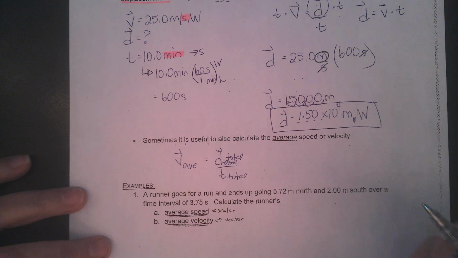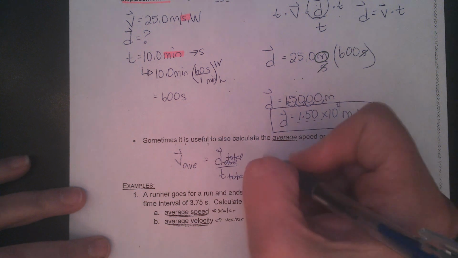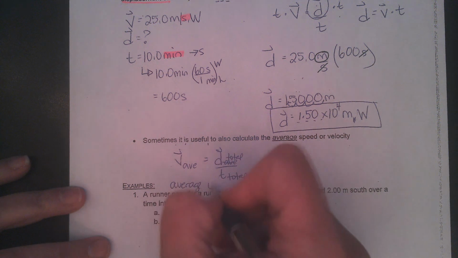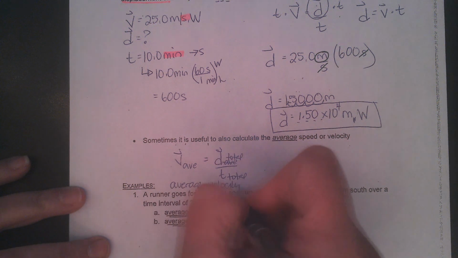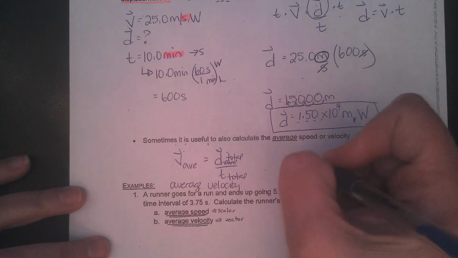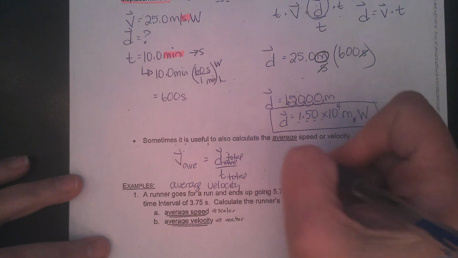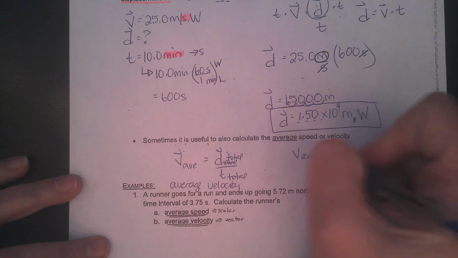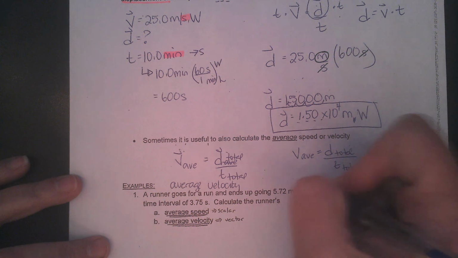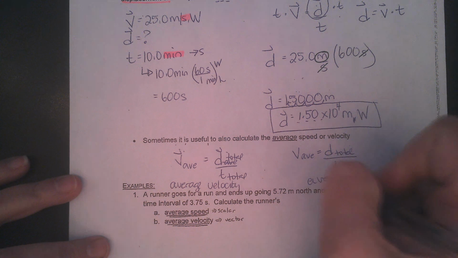Okay? And if we were looking for the average, this is going to be average velocity because our arrows indicate that we have direction. If I was looking for average speed, it would be my distance total over my time total. This is average speed.